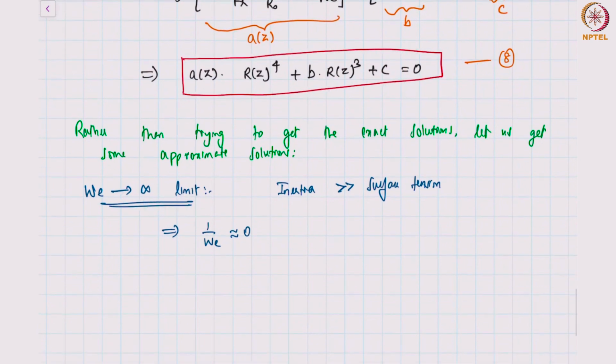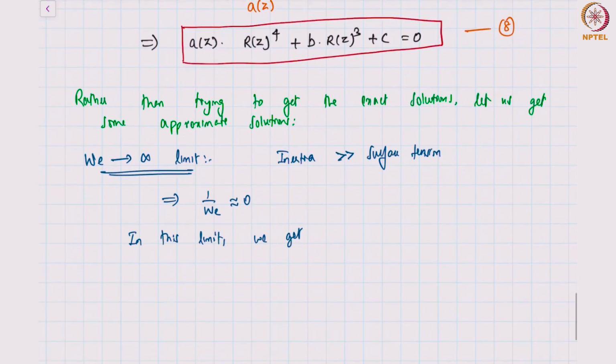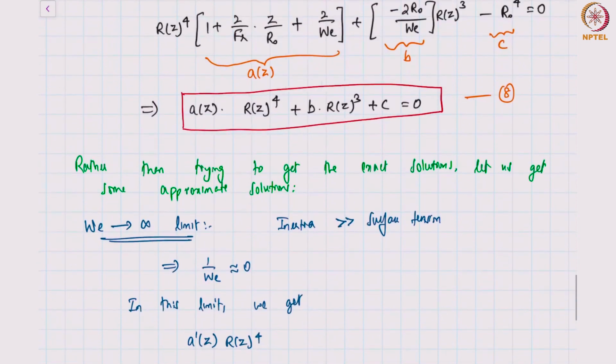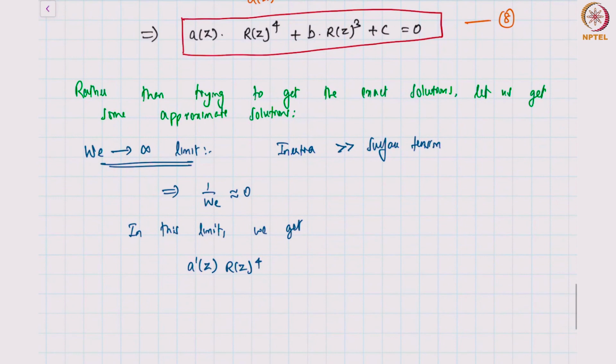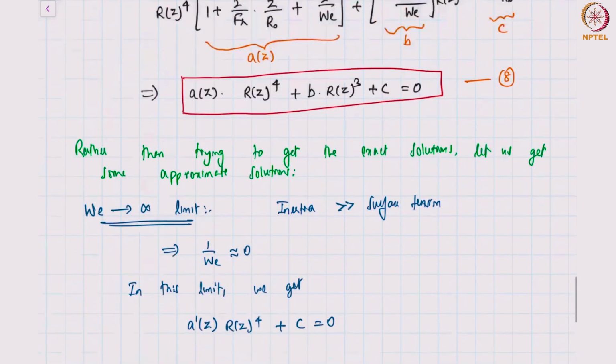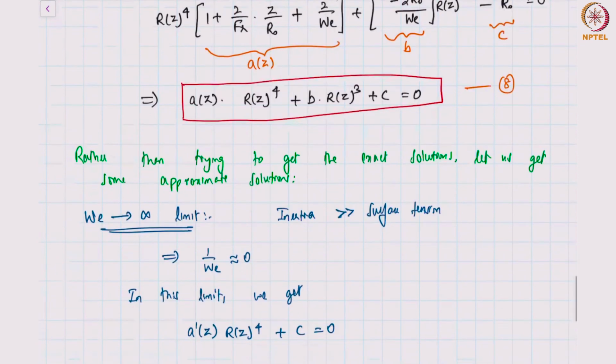And now we get A prime of Z times R of Z power 4, and remember B goes like minus 2 by Weber number times R naught, but because 1 by Weber number goes to 0, B goes to 0, I have just plus C. And C does not involve any Weber number.